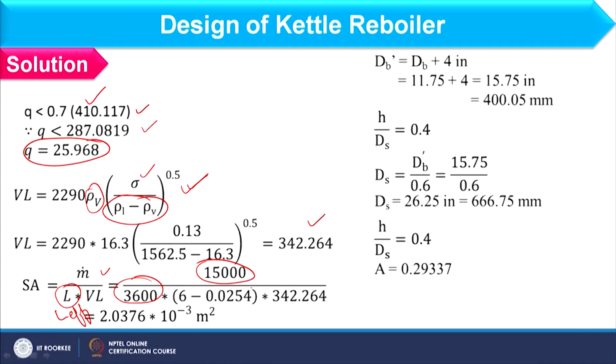This is not the length of the tube, because for U tube the length is 12 feet, but here we are considering only 6 meter, because that is the length of the bundle. Okay. So, in SA you should consider L effective as the length of the bundle, not the length of the tube. Okay. So, in this case L effective should be 6 minus 0.0254, and considering vapor loading, the segment area comes as 2.0376 into 10 power minus 3, right.